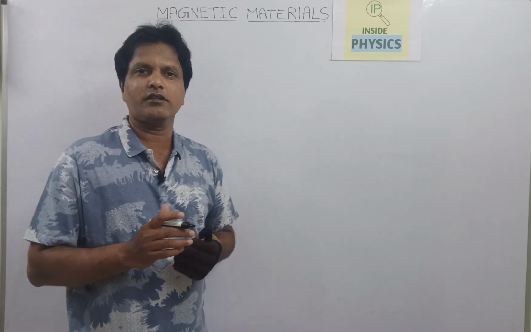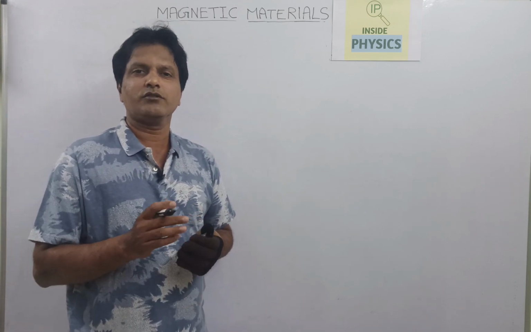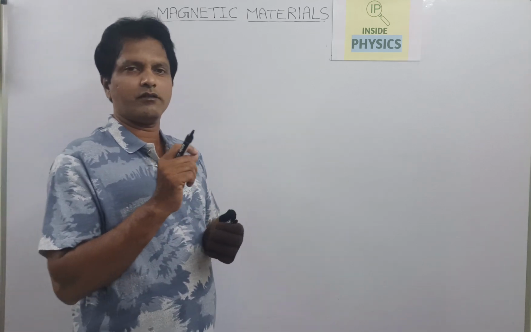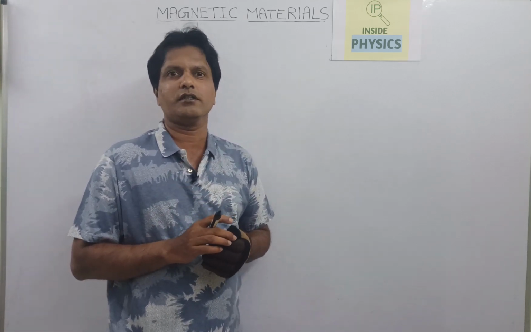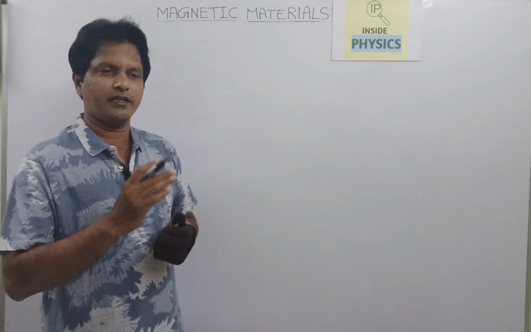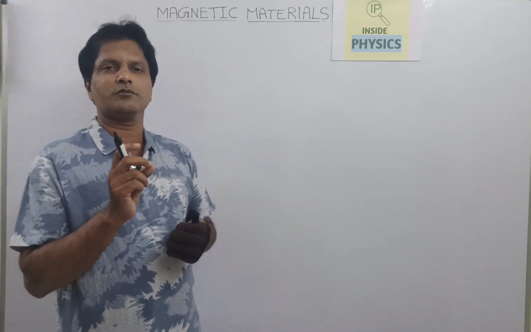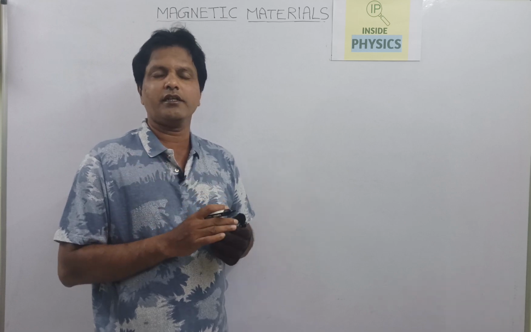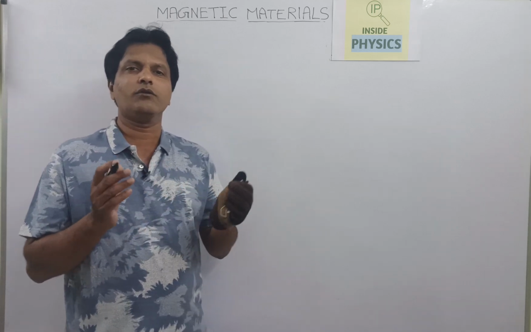In science, naturally, we do this process in so many theories. If you want to understand a particular process, you need to divide that process into small parts, then you can integrate the total thing to understand the whole process.